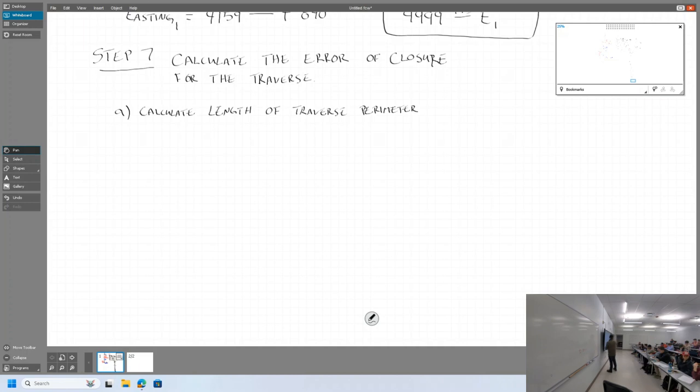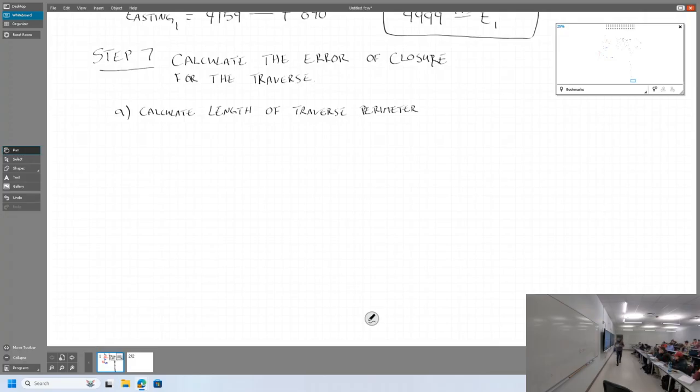Again, all we're going to do is just add up those portions, right? So let me go back here. Let's go back to those field notes. All we have to add is these slope distances together to figure that out.